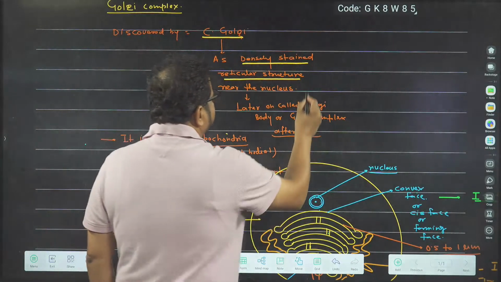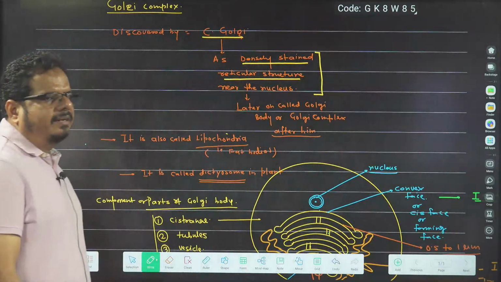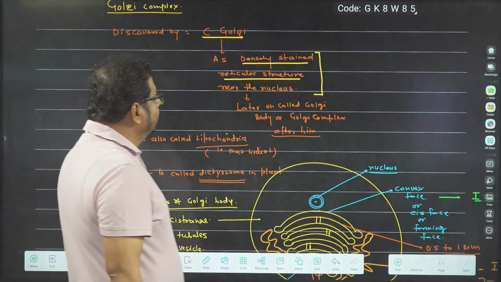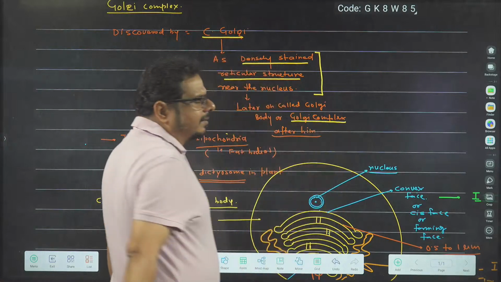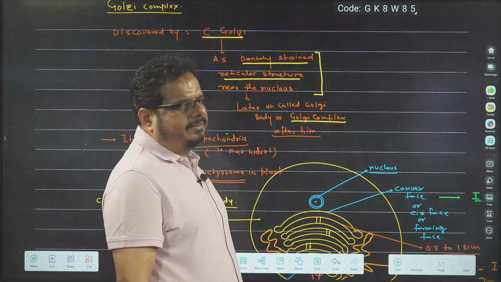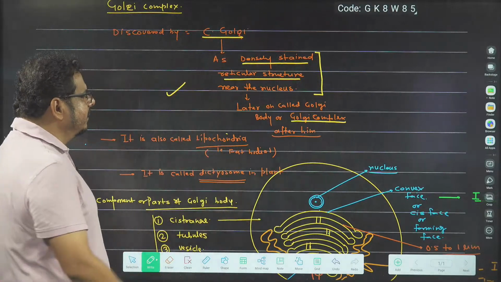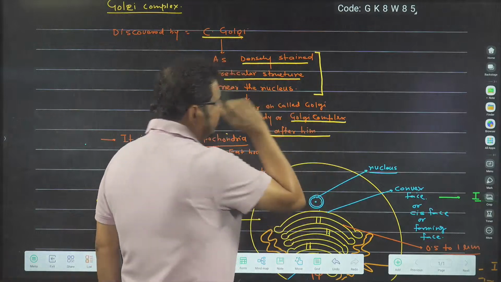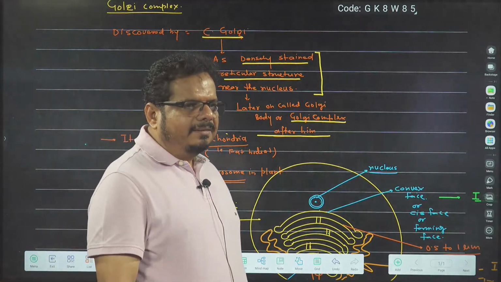Later on, this densely stained reticular structure present near the nucleus was called Golgi complex in honor of Camillo Golgi, who is the discoverer of it. I hope up to here it is all right. Any problem till here? Is it clear?